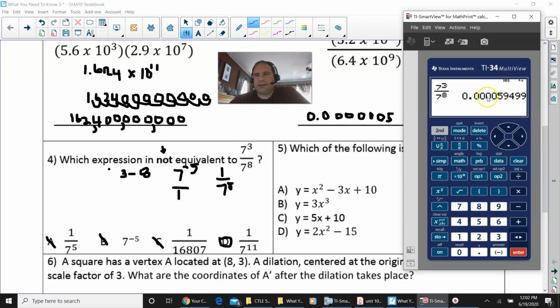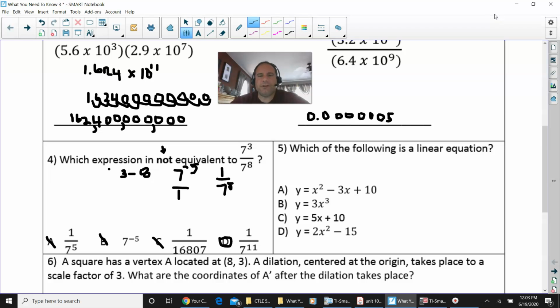And see this number here? If you put 1 over 7 to the 5th, you would get that number. If you put 7 to the negative 5th and press enter, you would get that number. If you put 1 over this and then convert it into a decimal, you would get this number. This one, you would not get this number. So that's how you know that that expression is not equivalent, not equal to.